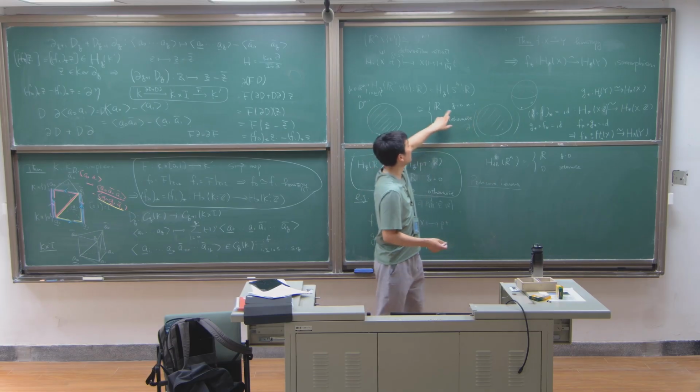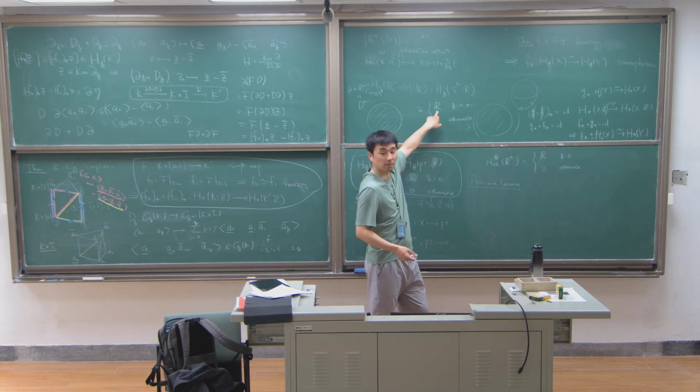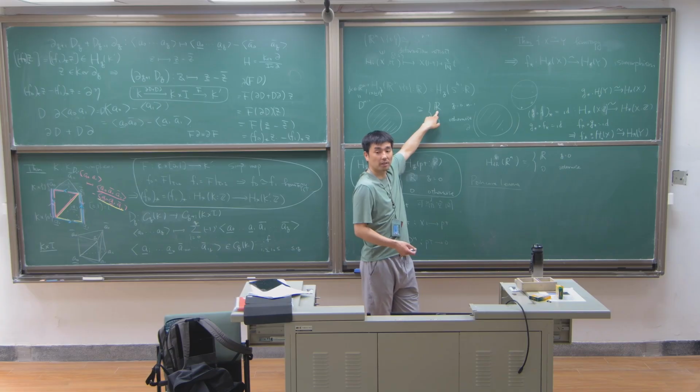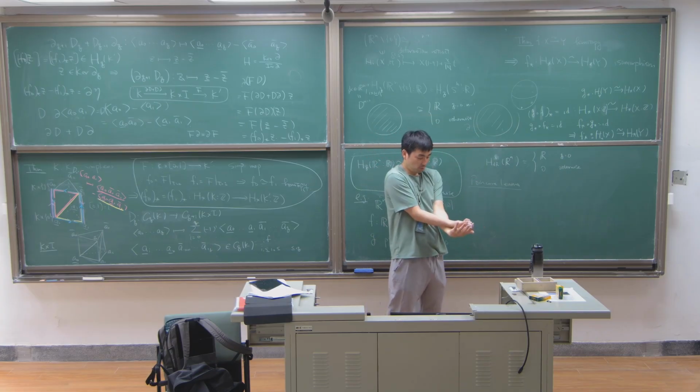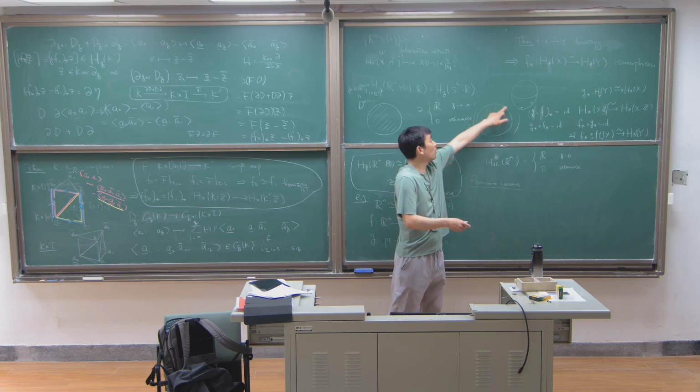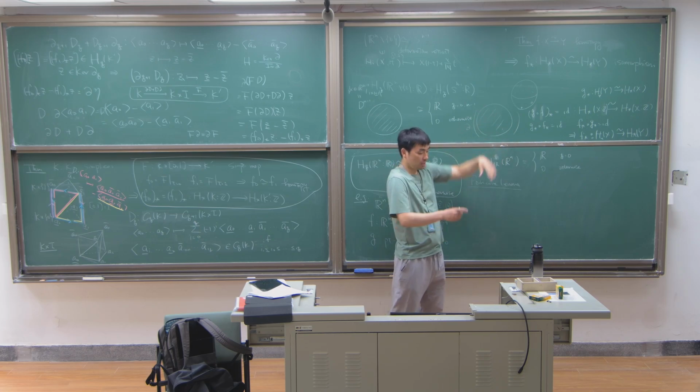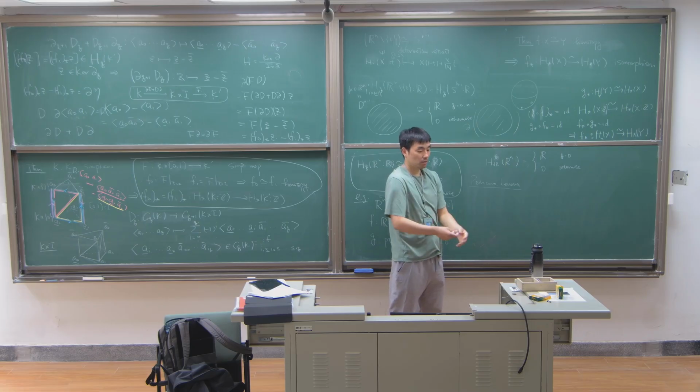That will create a cycle of degree n minus 1. If you identify the boundary of this disk with the point, it just maps to the point.